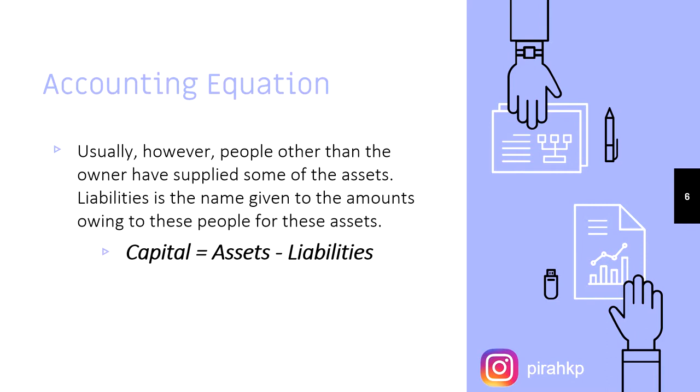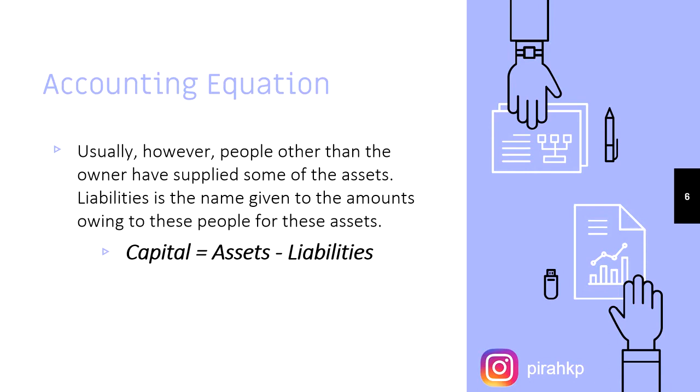Assets are the things that are already in your business. Capital are the things that were supplied by the owner. Now, we said capital is equal to assets. From where did these liabilities appear? Well, as we said, there could be times when other people supply things to your business.